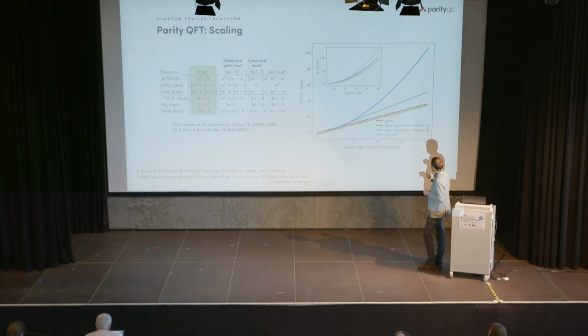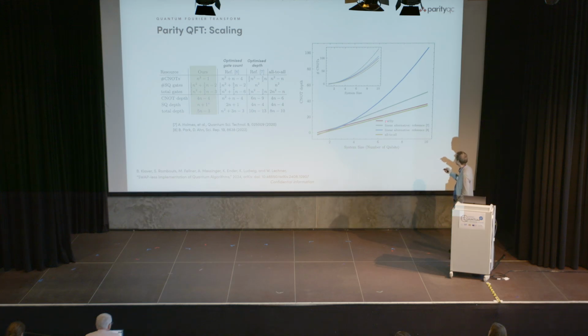Now, these are the scalings. If you look at the CNOT depth, you can see that the red curve is the one that we've just seen. Then there are these two references, which are these two curves.